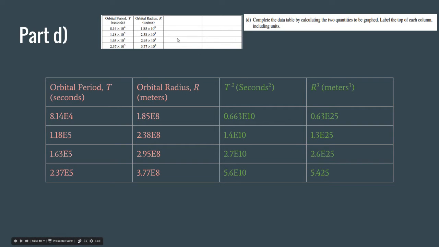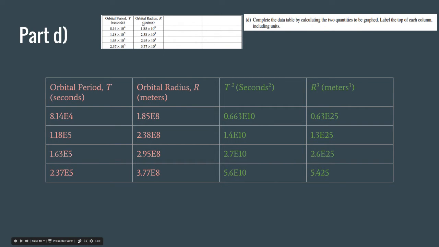Okay, so the way you fill out this chart is you get your graphing calculator. You don't need a graphing calculator for this, but it makes it easier. You go into your lists from your stat button, so stat and then edit, and you fill out one list with the information given about the period, and another list with the information given about the radius.